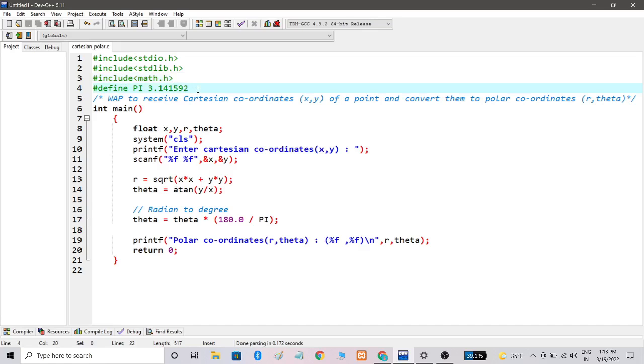And here we are using a symbolic constant. Its syntax is something like that. It starts with #define, pi is the name, and this value we are going to pass. Why are we declaring it at the start of the program? So that this value is constant, so it is not changeable. Okay.